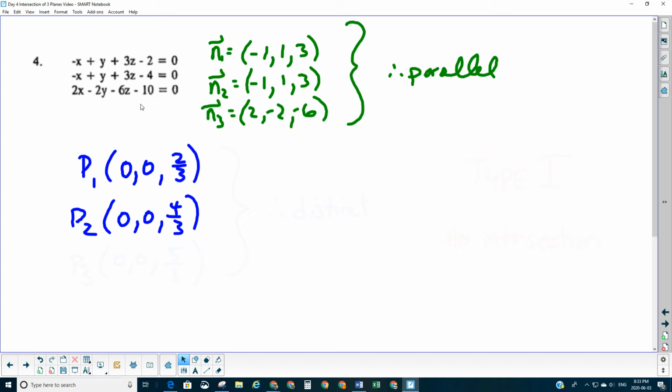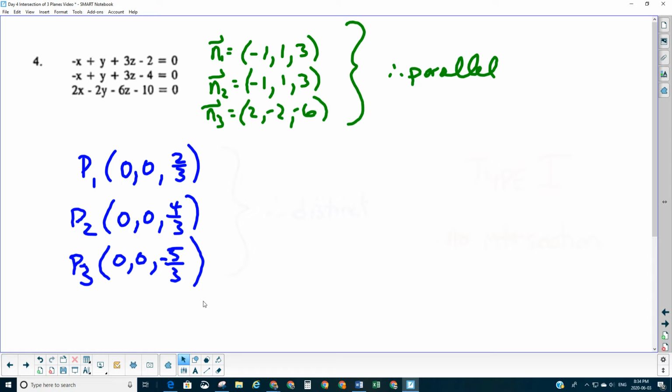Add 10 to both sides, and then divide by -6. So that's going to be 10 over -6, which reduces to -5 over 3. I'm just going to write that in. I think that's right, -5 over 3, because this will become a positive 10, and I'm dividing by a -6.